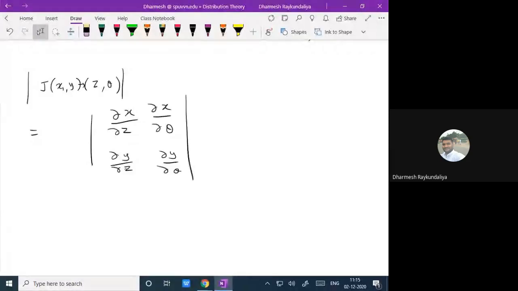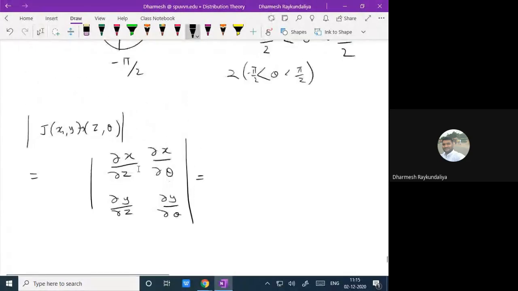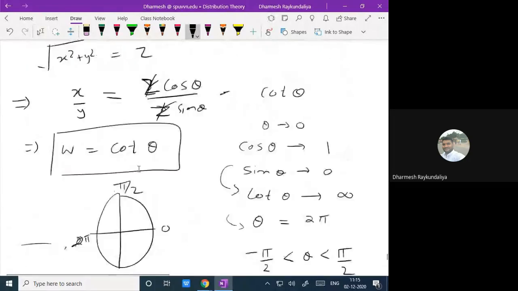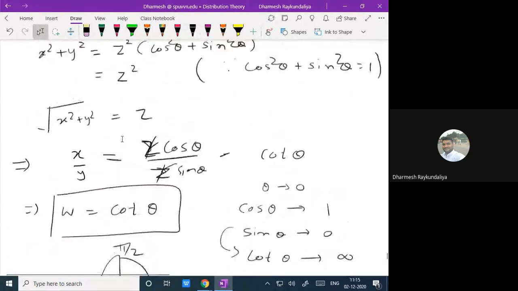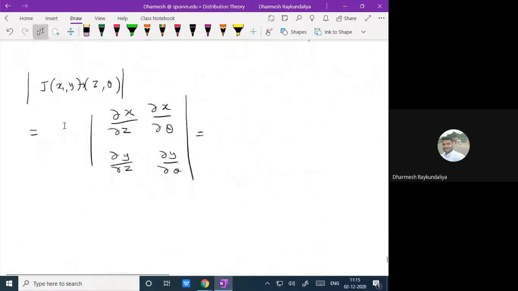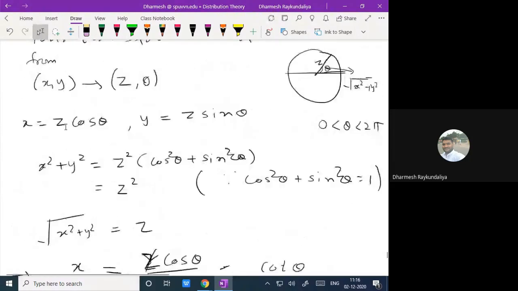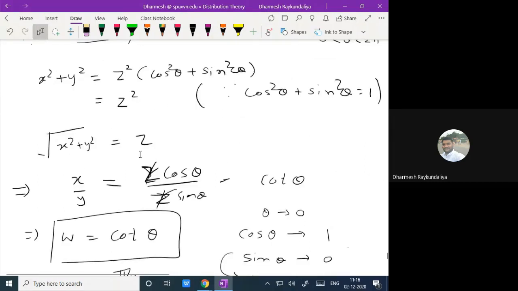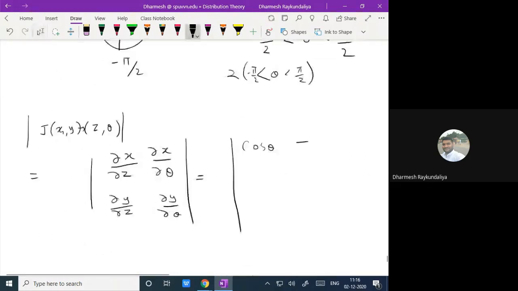So what is del x by del z? We have given that x is z cos theta. So with respect to z, it is cos theta. And with respect to theta, the derivative of cos theta is minus sine theta, so it is minus z sine theta.